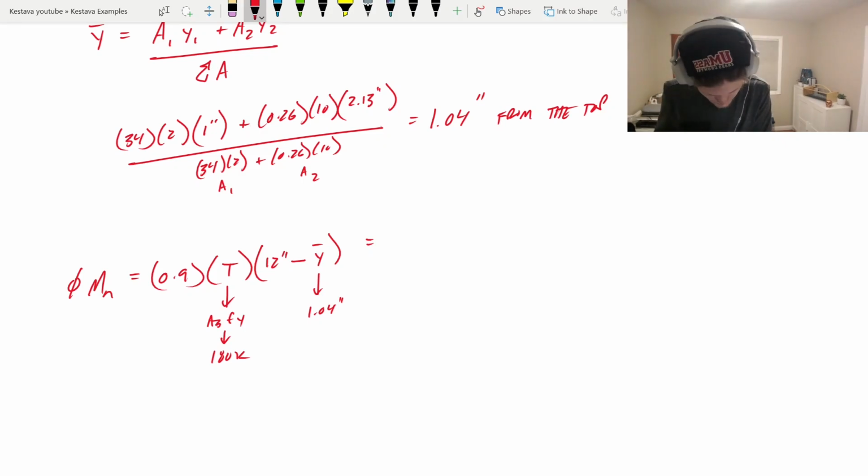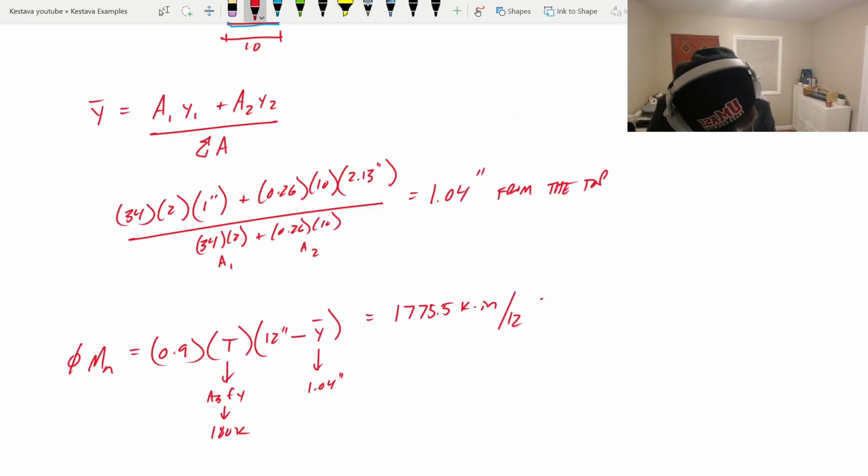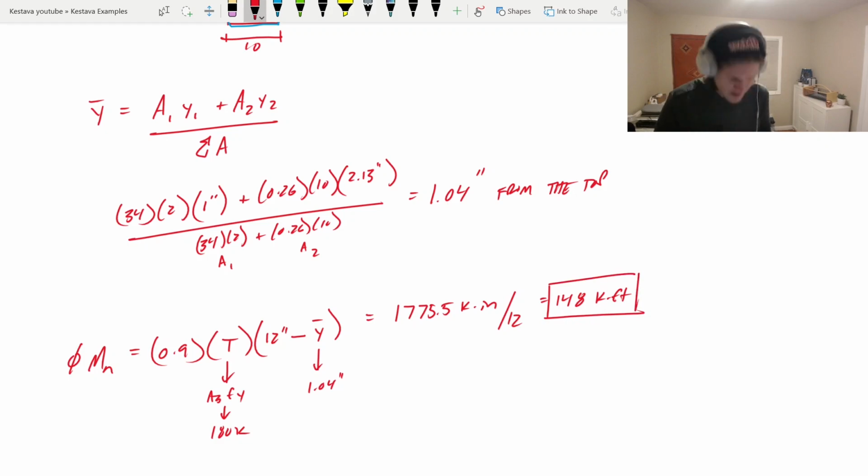All of that equals 1,775.5 kip-inches, because it's in inches and kips right now. If you divide by 12, that will turn it into kip-feet, which is 148 kip-feet. That is the bending capacity of your T-beam.